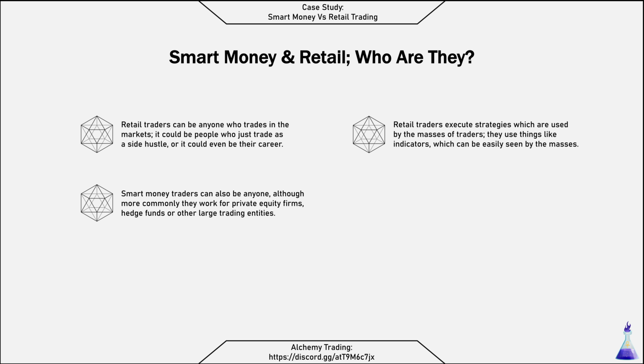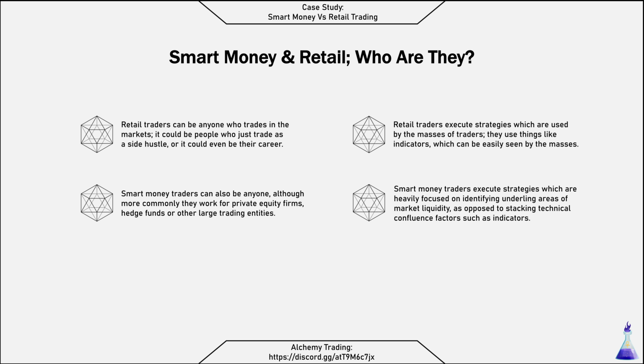You can be a smart money trader, although more commonly, smart money traders will work for private equity firms, hedge funds, or other large trading entities. It's a relatively recent occurrence that smart money strategies have started falling out of the hands of these institutions and into the hands of individual traders. And the reason why is because previously, this knowledge just wasn't available to the individual trader.